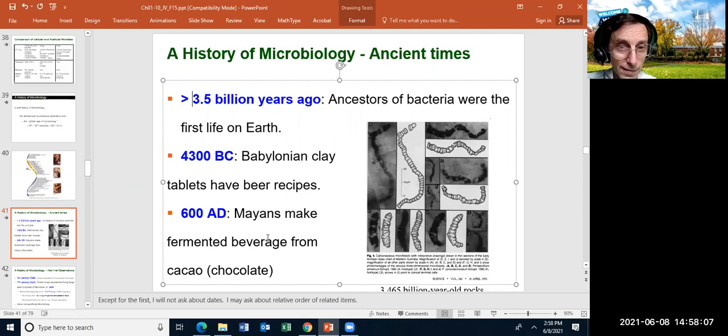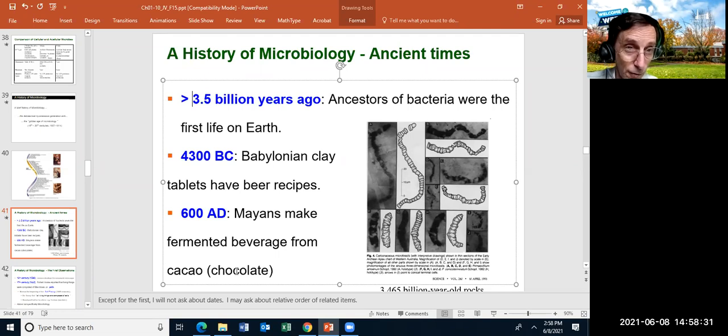The Babylonians wrote clay records for making a beer recipe. Why was this involving microbiology? That's because it was the microorganisms which made the beer. And the same with the chocolate. It was the microbes that fermented the cacao.